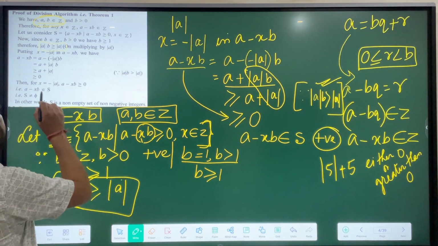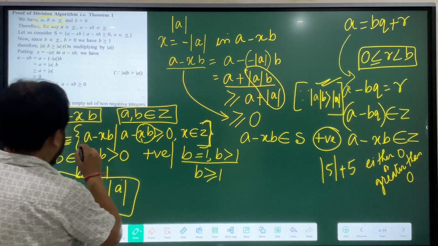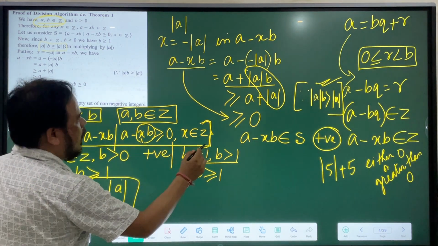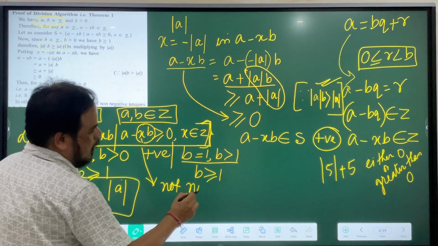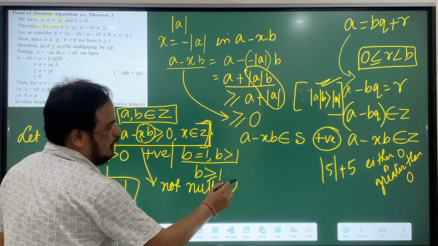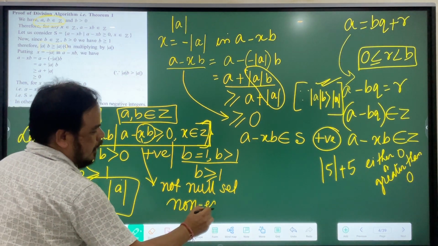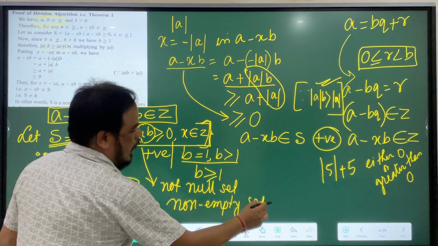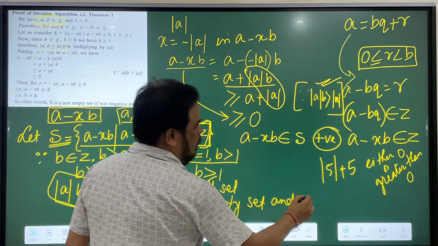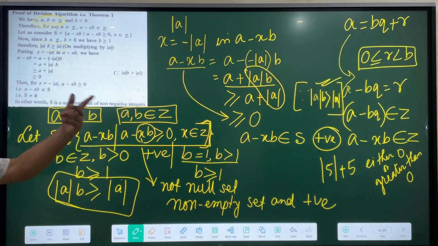And A minus xb is equal to something we have got. That means S is not a null set, or a non-empty set. Non-negative, positive, same thing.